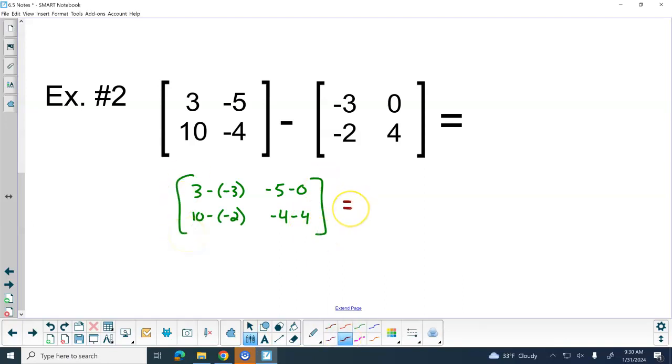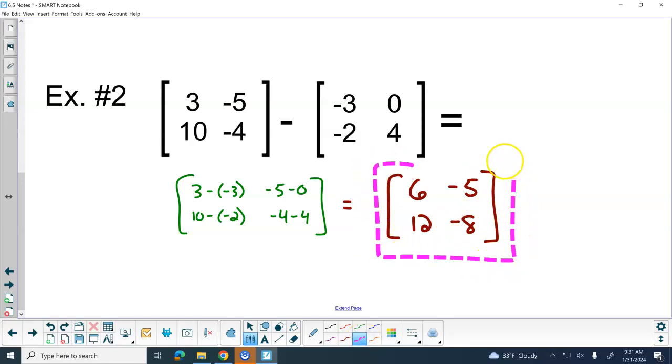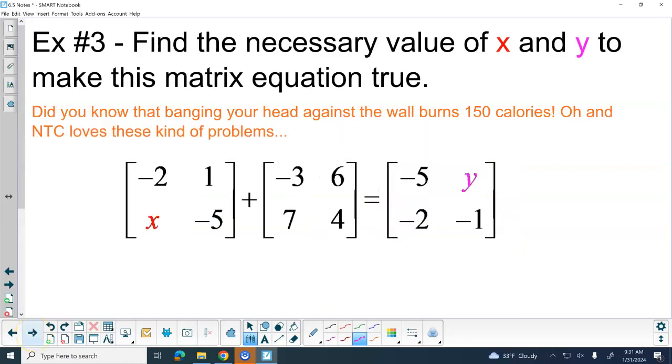So that should be the 2 by 2 matrix of 6, negative 5, 12, and negative 8. Yes? No? Maybe? Okay. Love it.